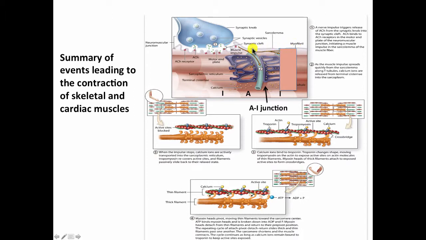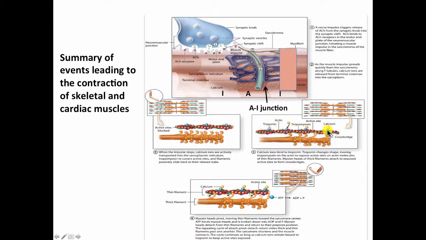A nerve impulse travels down the sarcolemma into the myofiber and down the T tubule, which surrounds each myofibril. This opens voltage-gated channels in the terminal cisternae of the sarcoplasmic reticulum, and calcium flows out of the sarcoplasmic reticulum and floods the sarcomere. As the calcium floods the sarcomere, it binds to this molecule called troponin.